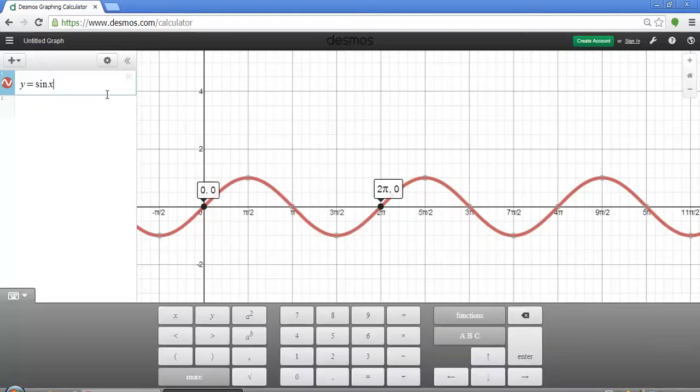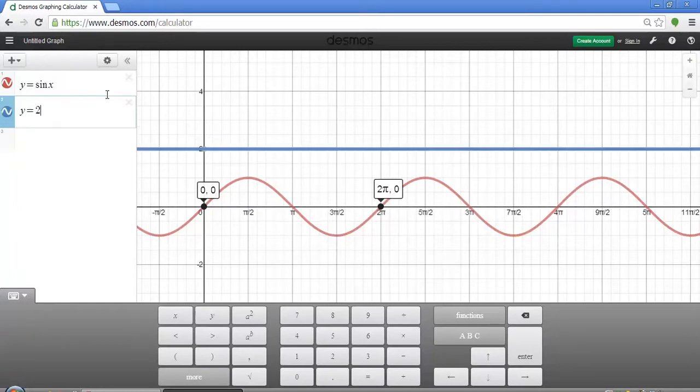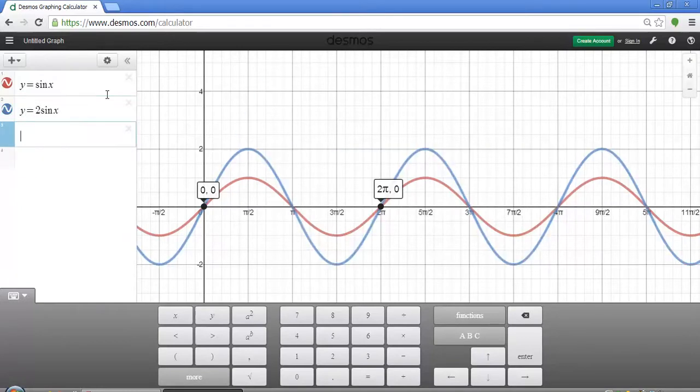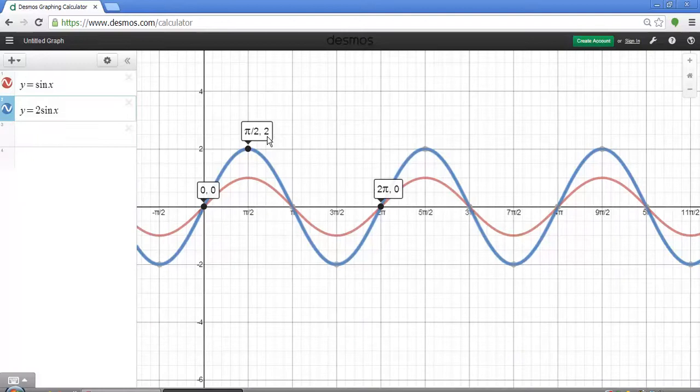Well, what happens when we change the A value? So let's say that I say 2 sine x. What happens there? Well, you can see that it's still starting here, but that it's going much higher. In fact, it's going all the way up to y equals 2, whereas originally it only went up to y equals 1. So what's happening here is that the curve is getting pushed up. It's almost being expanded vertically.